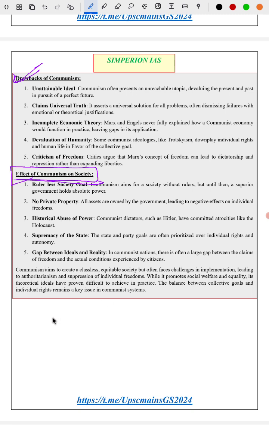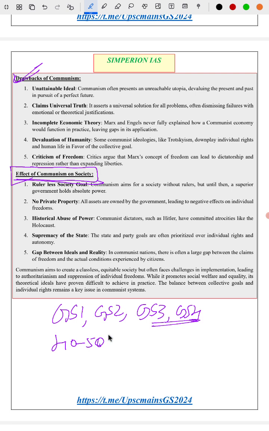See, the importance of PYQs in mains, that is in GS1, GS2, GS3 and GS4, is that UPSC repeats 40 to 50% of the questions from the PYQs or revisits them. If you are thorough with the important, relevant PYQ questions, you can easily answer 40 to 50% of the questions. In the first 4 papers together there are 79 questions, 20 each and 19 in GS4.